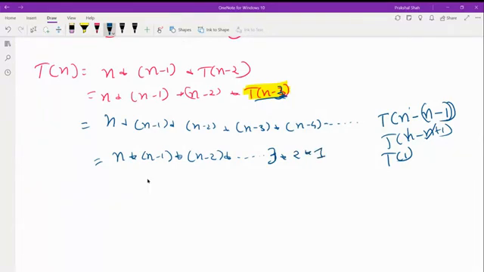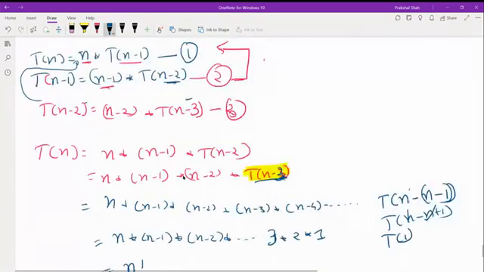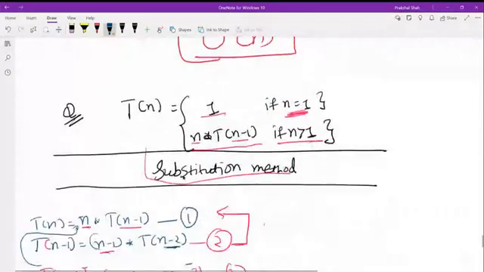Now you can clearly observe here that it is following n factorial, n into n minus 1 into n minus 2 up to 3 into 2 into 1, right? Suraj, this is what is given in the question: whenever n equals 1, your answer would be 1, correct?